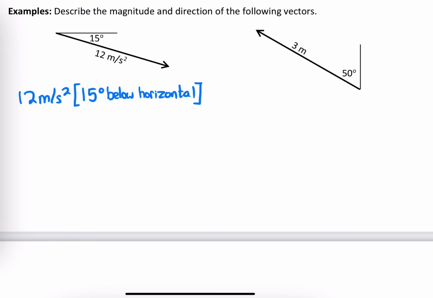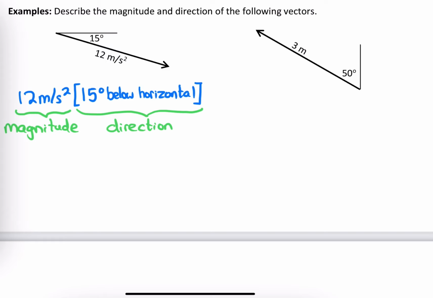So that is sort of the notation and the language we use to communicate a vector's magnitude and direction when we want to write it out in words rather than drawing it. This part here is the magnitude. And this part here in the square brackets is the direction.